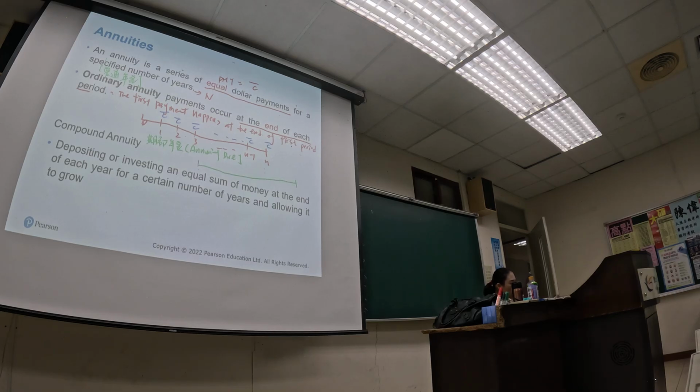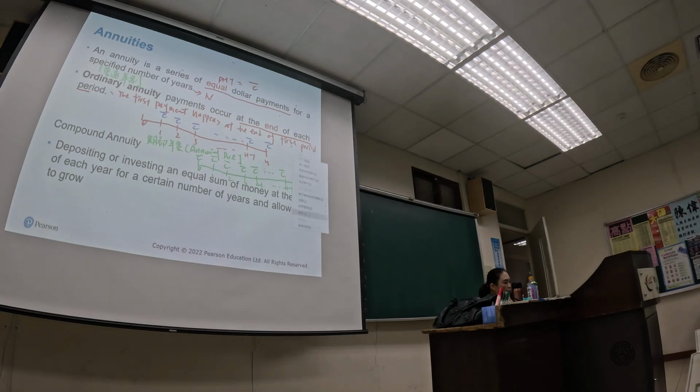It's n periods. Start from 0. Okay? Annuity due starts from 0 and ends at n minus 1.